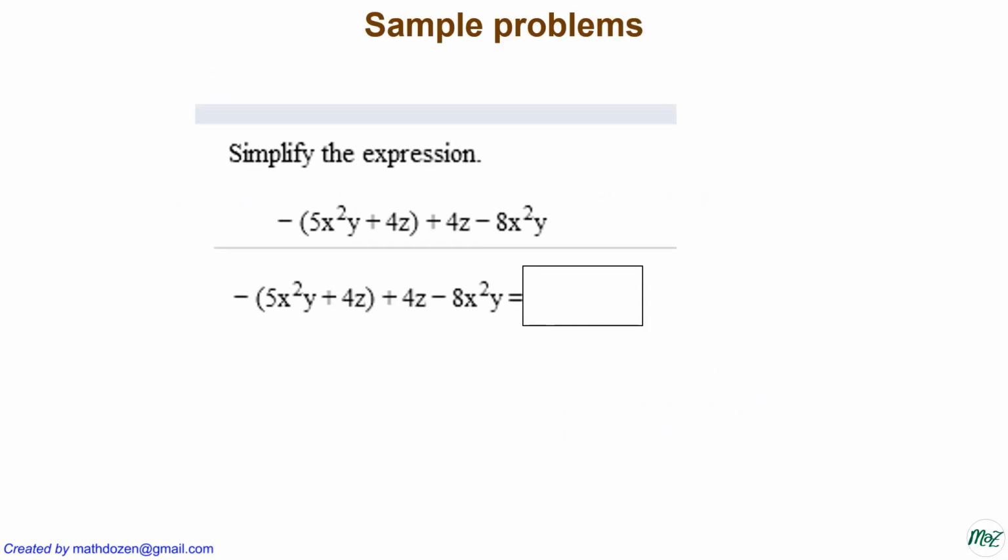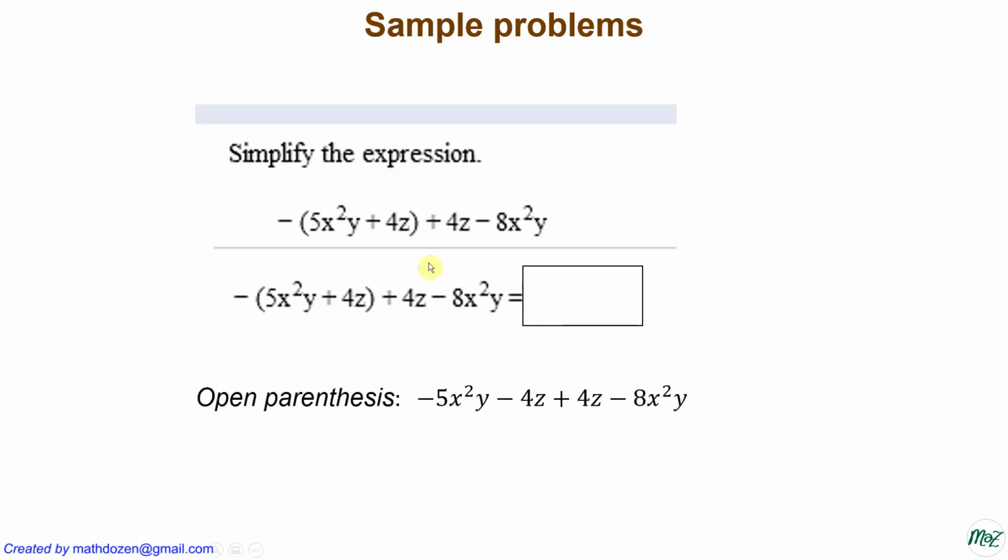Now, sometimes when you simplify the expression, you have something else in the given assignment, such as parentheses. So for this example, I have a minus sign in front of a long expression. So I need to simplify that first so I can clearly see the sign in front of each term.